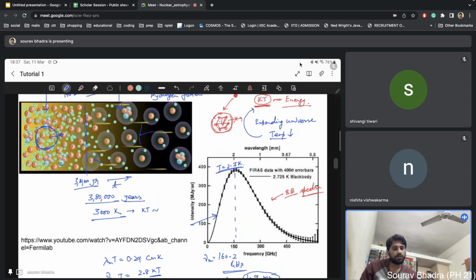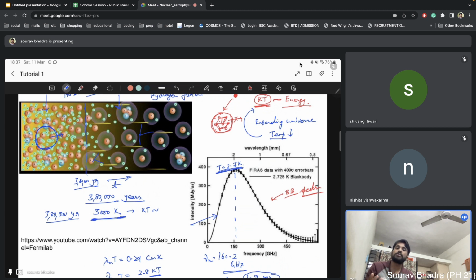Okay. But one thing I want to tell you is that this value 2.7 Kelvin is what we are measuring right now, but when these photons started to move through space, at that time the temperature was 3000 Kelvin, as I told you, and I also told you that with the expanding universe the temperature is decreasing. So this 3000 Kelvin was at 380,000 years, and now the age of the universe is 14 billion years.